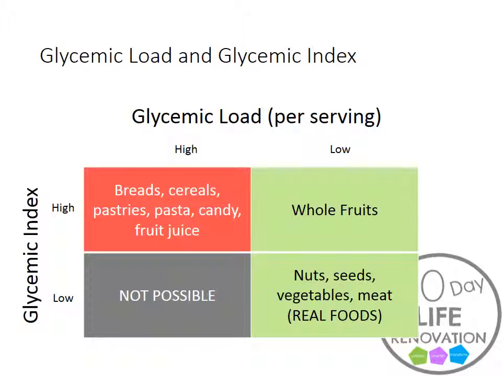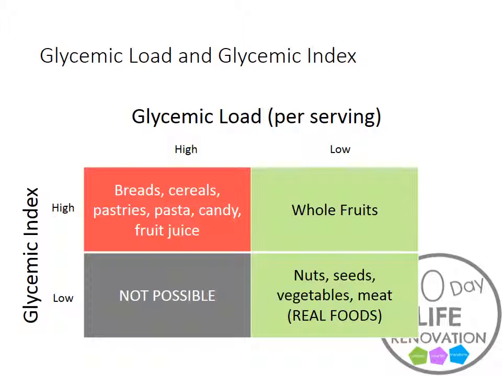So having a high glycemic index and a low glycemic load per serving would be something like a fruit, which if you look at the glycemic index for like an apple, let's say, it has a pretty high glycemic index, which means that it's converted into glucose rather quickly, but it has a low glycemic load because of all the fiber in it.